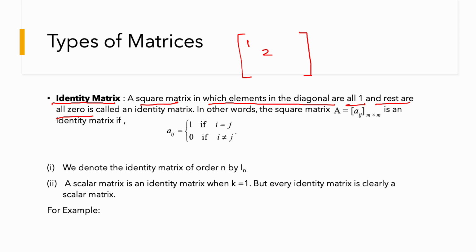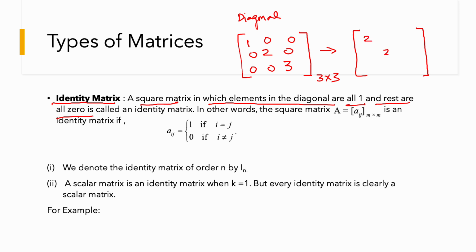So I quoted you an example with diagonal 1, 2, 3 and the rest 0. This was a square matrix of the order 3 by 3, and it was a diagonal matrix because all the elements on the diagonal were non-zero. This diagonal matrix becomes a scalar matrix when all the elements on the diagonal are equal.